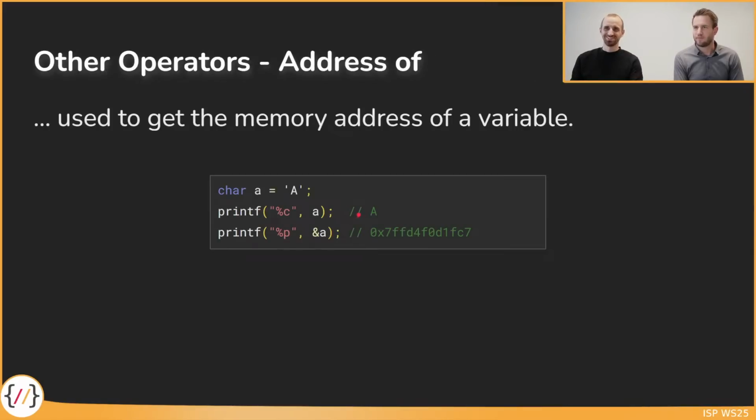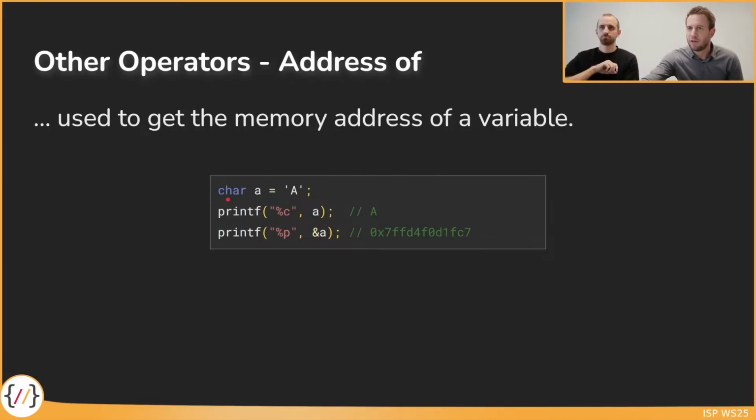Yeah, thank you. And the last operator we have a look at so far is the address-of operator. This is one that is used, as the name suggests, to get the address of a variable. What does that mean?